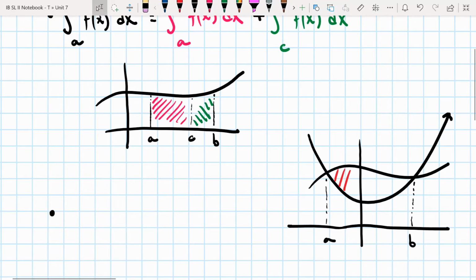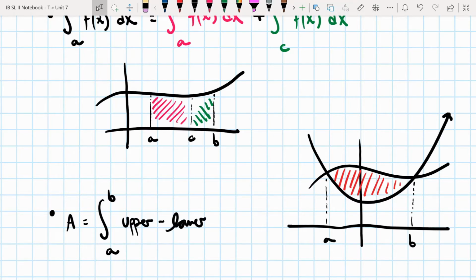If I want to find this area, the region in between these two curves, the area is equal to the integral from a to b of the upper function minus the lower function dx. So it's always going to be the upper function minus the lower function.